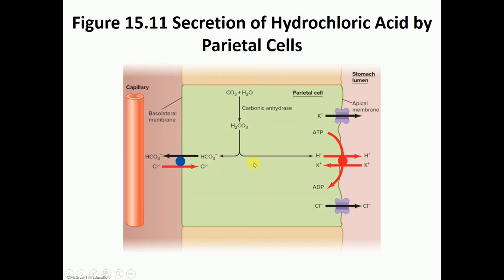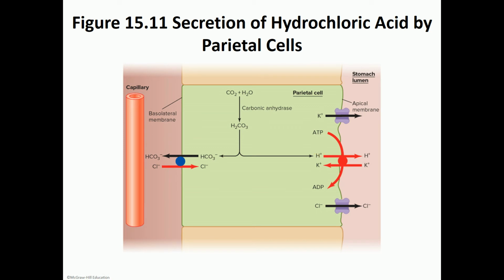Let's follow that hydrogen ion first. That hydrogen ion will be kicked out of the cell using this pump known as the hydrogen-potassium ATPase pump. It'll kick out the hydrogen, and potassium will be kicked into the cell, and it is an active pump that needs ATP. So that is the hydrogen portion of hydrochloric acid.